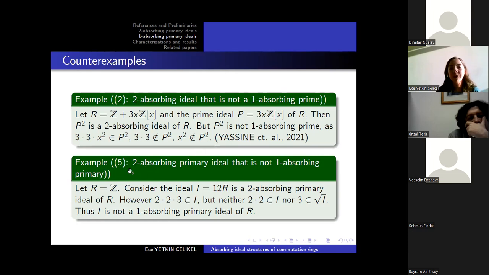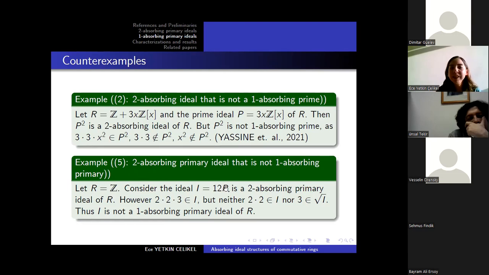So what about the other example? Now you can consider the ring of integers and the ideal 12Z generated by 12. So this is two-absorbing primary, because of this principal ideal domain; I will give the general theorem for it.